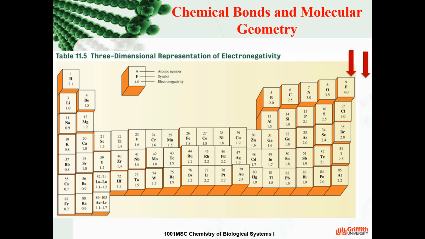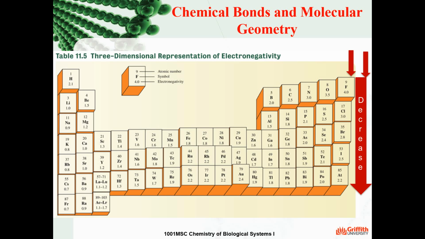You can see that fluorine is the highest element with a value of 4. So fluorine is the most electronegative element in the periodic table. This means that fluorine will attract electrons more than any other atom. You don't need to memorize these values, but you could learn the relative electronegativity.